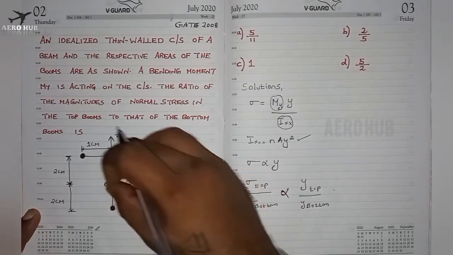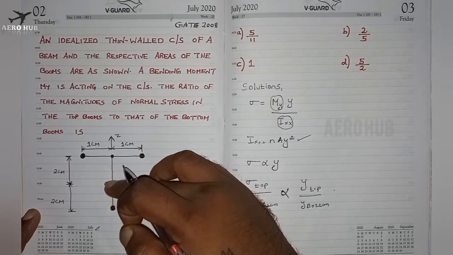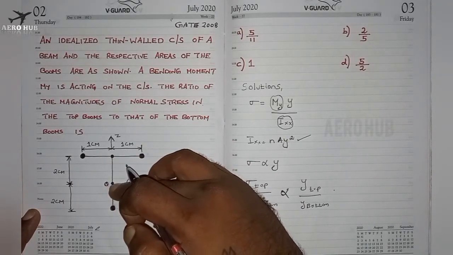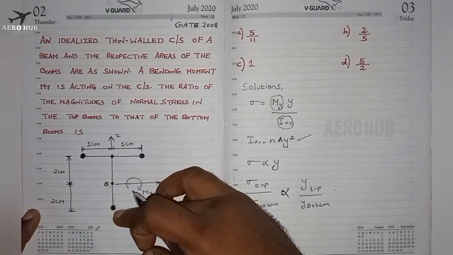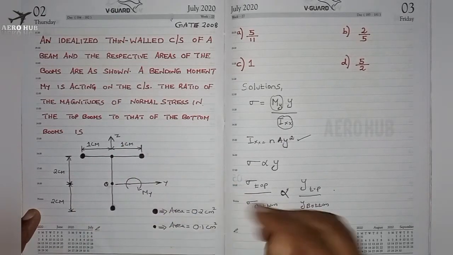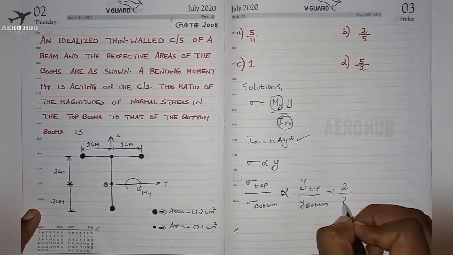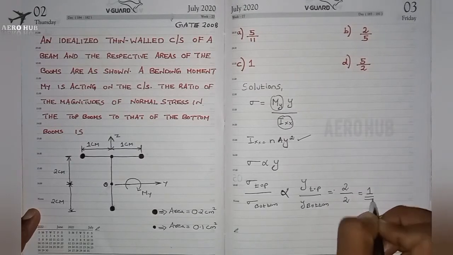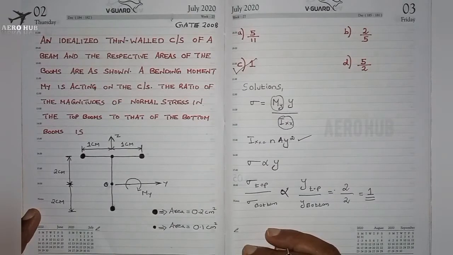The distance of the top boom from the neutral axis is 2 centimeter, and the distance of the bottom boom from the neutral axis is 2 centimeter. So I can write this as 2 by 2. So finally I will get 1. The answer is 1. That's all about this lecture. Thank you for listening. Take care.